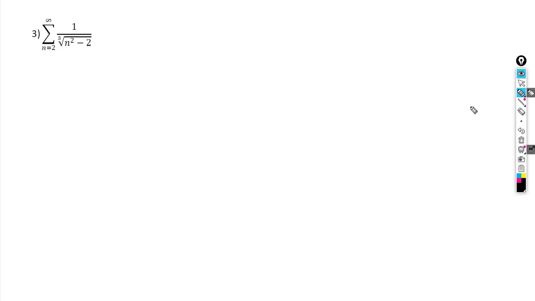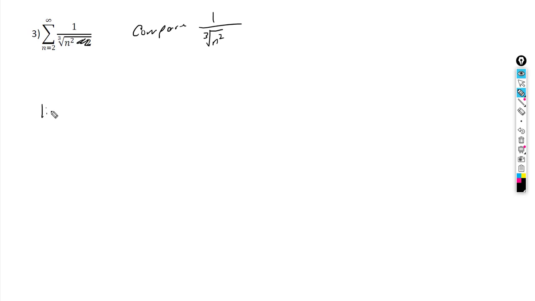All right. So we have this one here, and I'm probably going to compare it. Okay, again, this minus 2 right there is negligible. So I'm going to compare it to 1 over the third root of n squared, or n to the 2/3. Okay? And that's going to be all cool and good. All right, so let's do this.